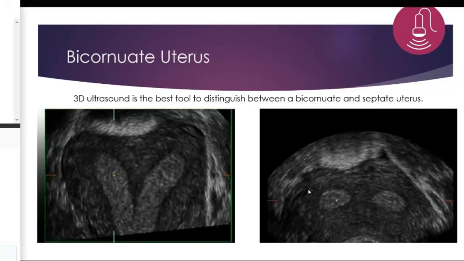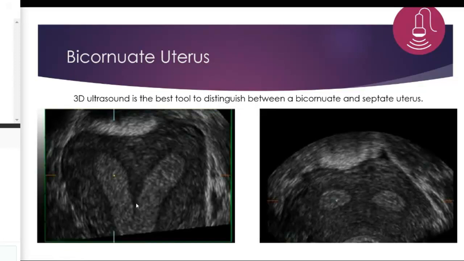So a septate uterus is kind of similar to a bicornuate uterus, as it has two canals that kind of split off of each other.